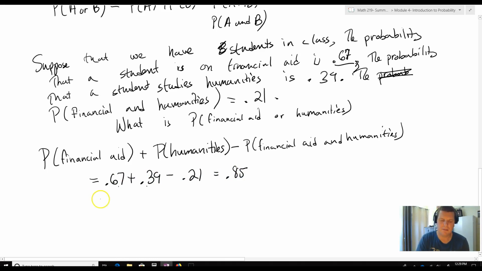And there we go. Probability of the one plus probability of the other minus their overlap. And that actually ends up giving you the probability for our union or the OR. And that's the addition rule.